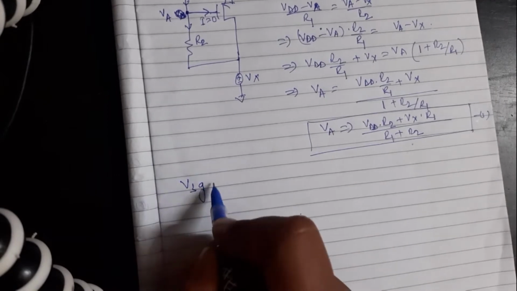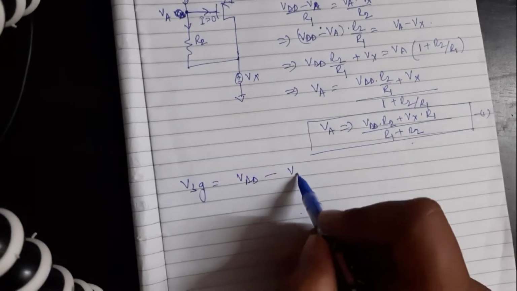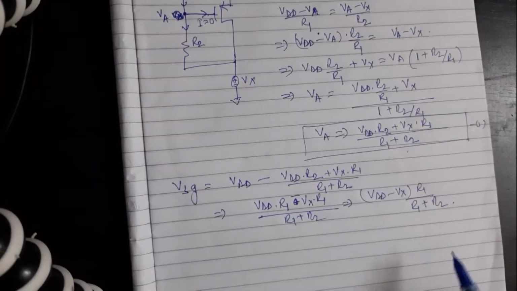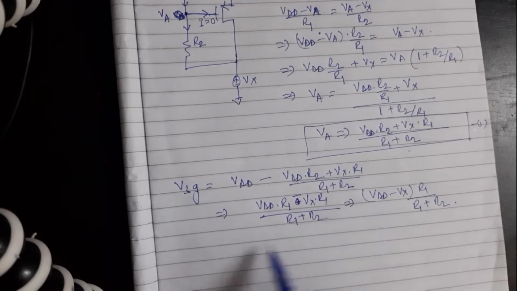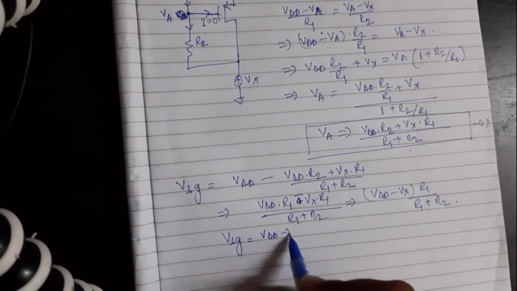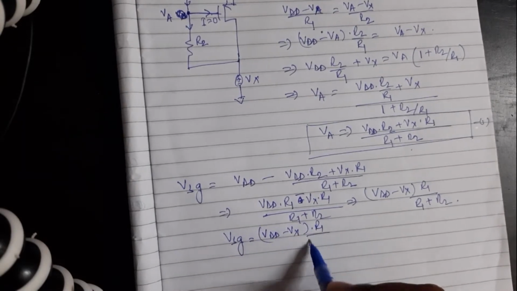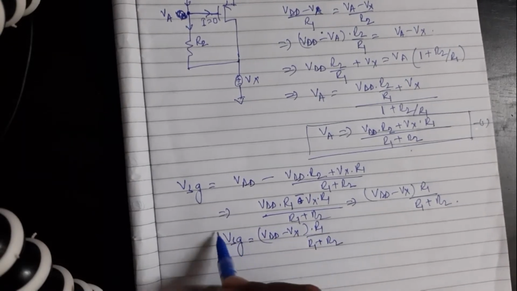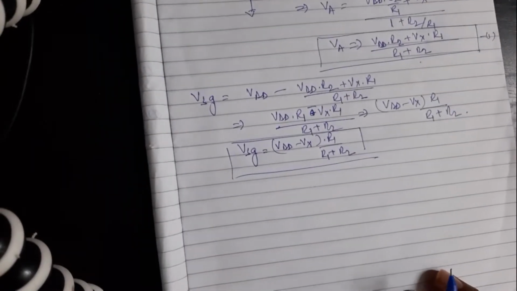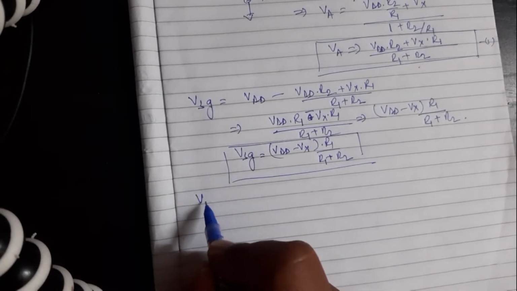So our VSG should be VDD minus, so this is our VSG. What about VSD?